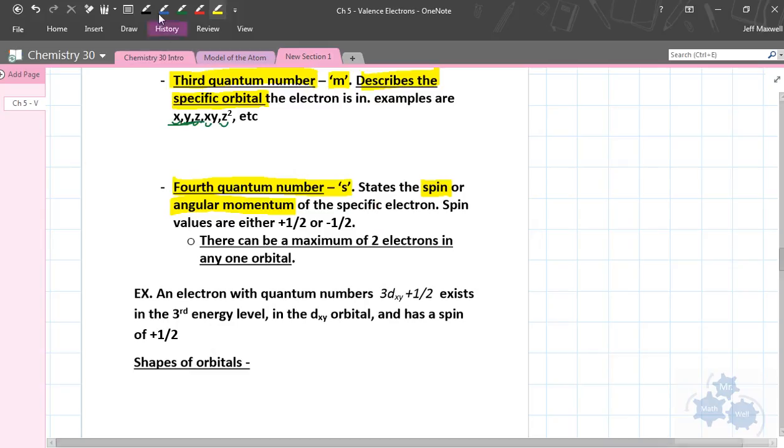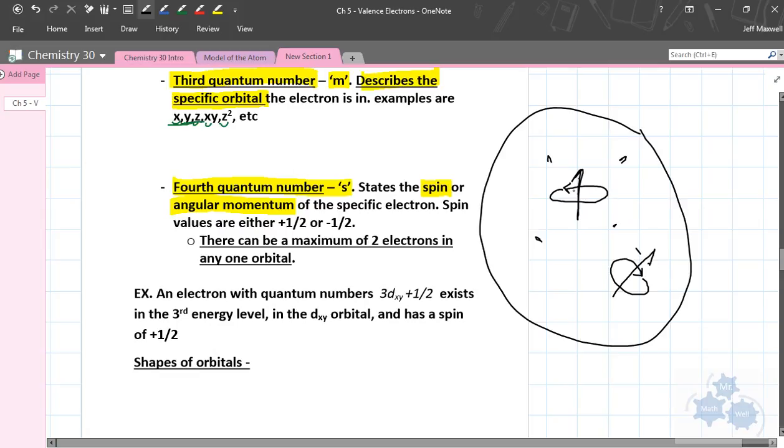So if we're thinking about an electron here, and it is spinning this way, you think about it flying through space, moving, and spinning on its axis one way. The other electron that may be in the orbital would be spinning the opposite way. So if they are to exist in the same orbital, let's say this is an s orbital, the electrons themselves have to be spinning in opposite directions in order to balance out and exist.